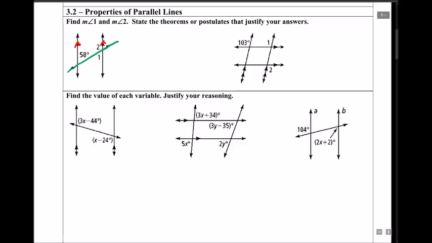So the first thing I'm seeing here is I'm given angle 58, and what do we have here? We have alternate interior angle theorem, right? So the measure of angle 1 is going to equal 58 degrees. Now, what else do we have going on? Well, the angle that we're given and angle 2 are same side interior angle theorem.